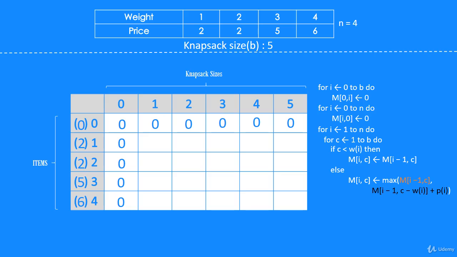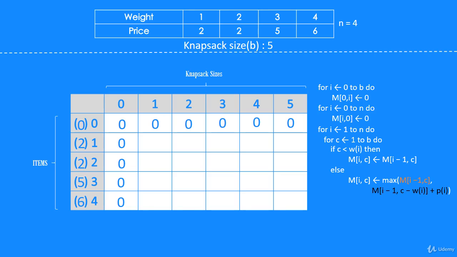Wait, how do we decide what to write to our cells? Well, if you look at the pseudocode, you can see some if condition. C stands for current knapsack size and W of I stands for weight of the element. So, if our current knapsack size is smaller than the weight of the item that we want to add, we cannot add this item, so we take the number from above.